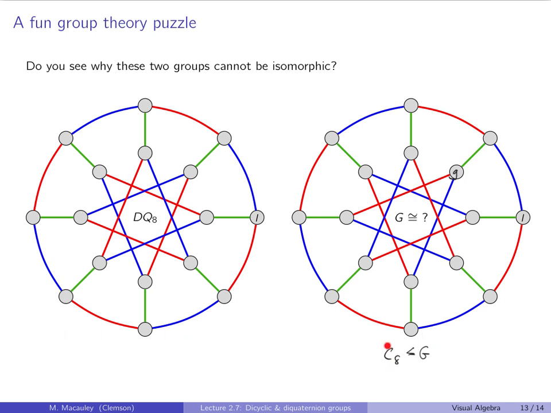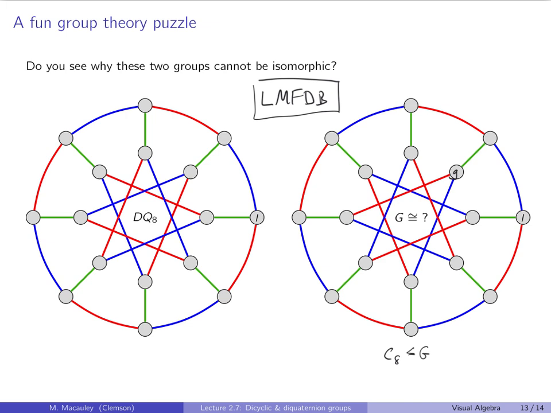Now you can go on LMFDB. Remember, LMFDB is this wonderful group database where you can search for groups, and you can search for all groups of order 16 that are non-abelian. This one is definitely non-abelian. That has C8 as a subgroup and has, well, look here, this thing has D4 as a subgroup.